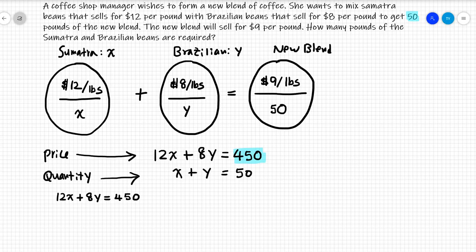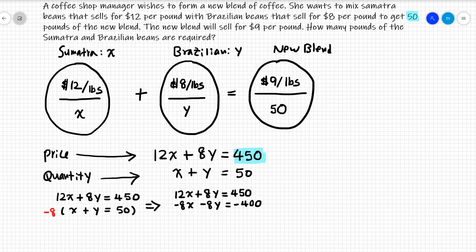Now we're going to multiply by -8 on the second equation here. Then x plus y equals to 50. Okay, so if I do this, I have what? 12x plus 8y equals to 450. I have a -8x minus 8y equals to -400.